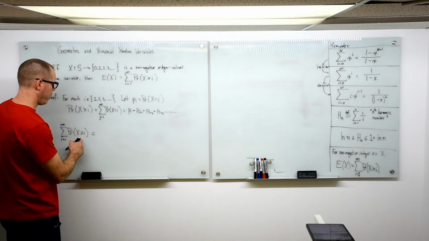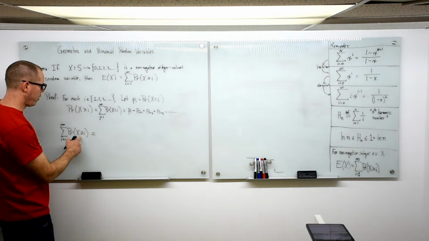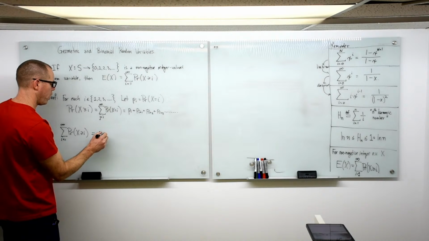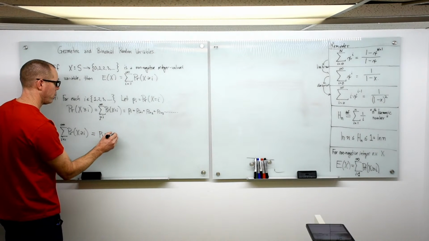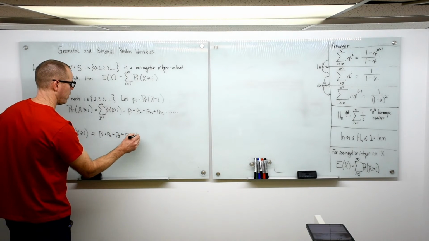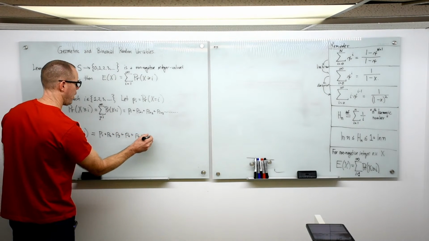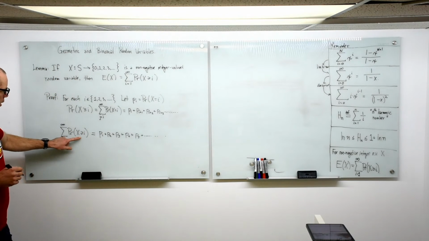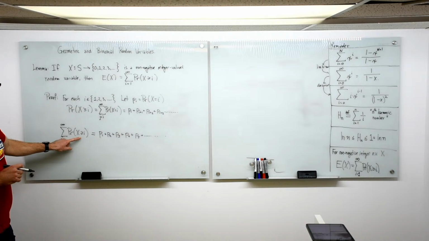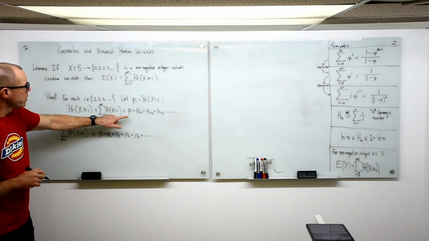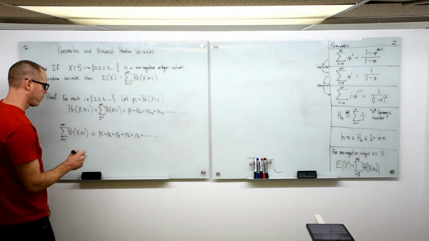We can use this, and we see that it's just p_1 plus p_2 plus p_3 plus p_4 plus p_5, and so on. Now the second term in this sum is the probability that X is bigger than or equal to 2, and we can use this again. So it's going to be this infinite thing, but instead of starting at 1, we start at 2.